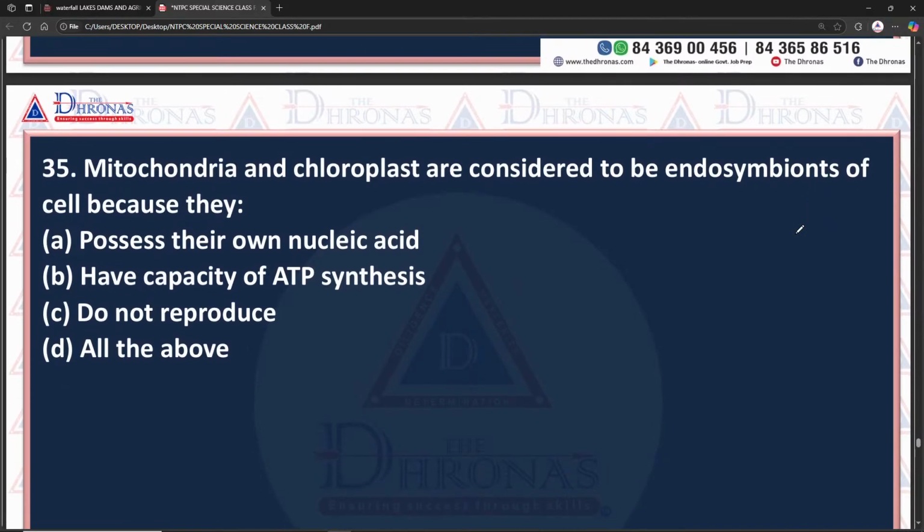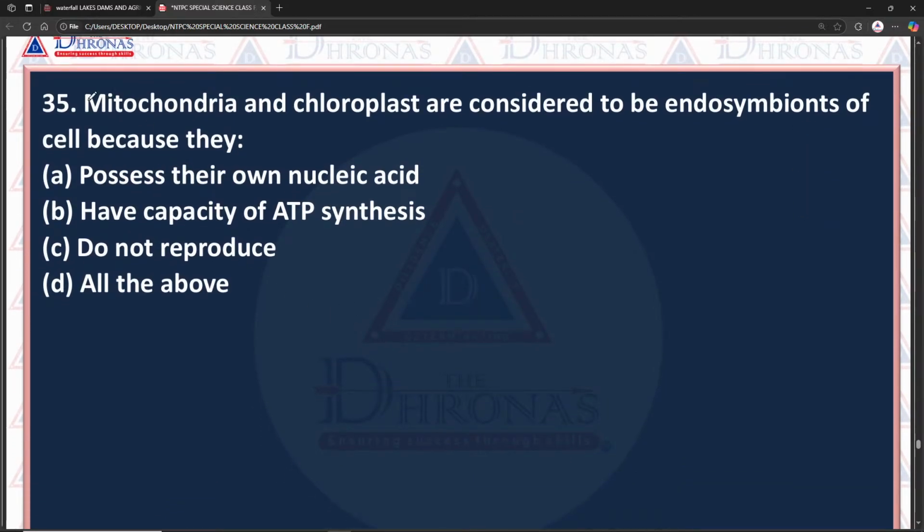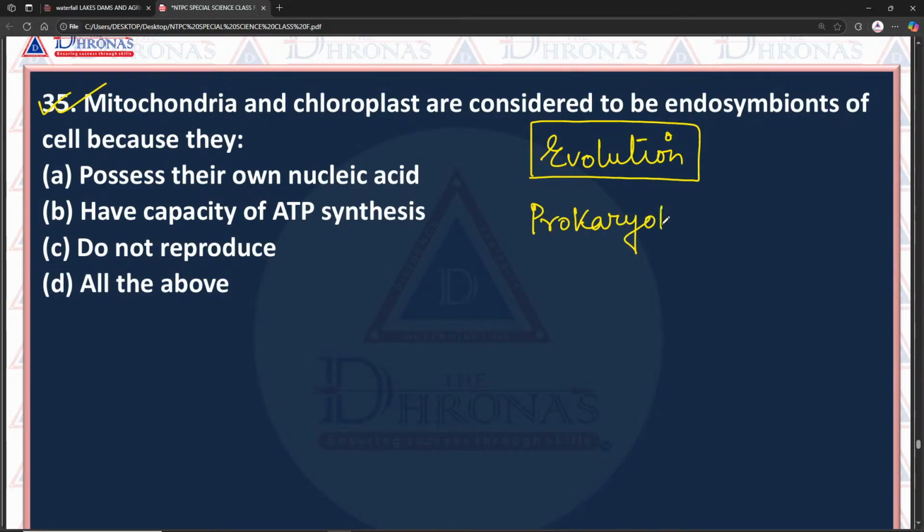Moving on to the next question, 35. Mitochondria and chloroplast are considered to be endosymbionts of cell because they. This is a question from evolution. प्रोकैरियोट से यूकैरियोट होने के लिए प्रोकैरियोट सबसे पहले आया था, then during evolution eukaryotes came on the earth.